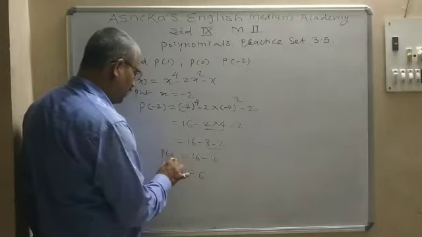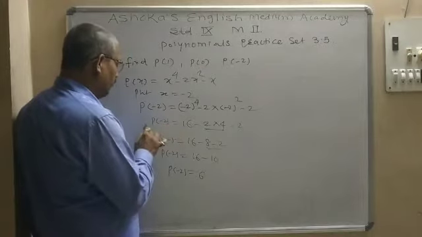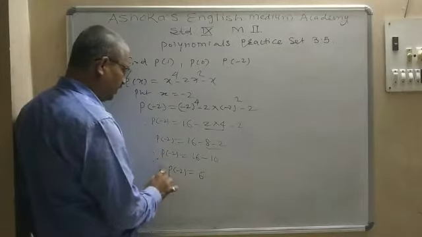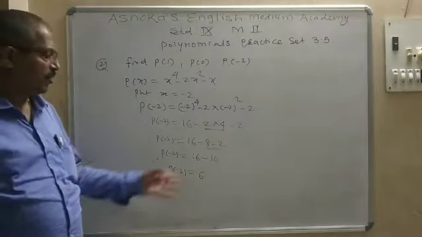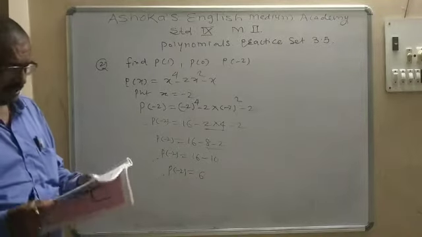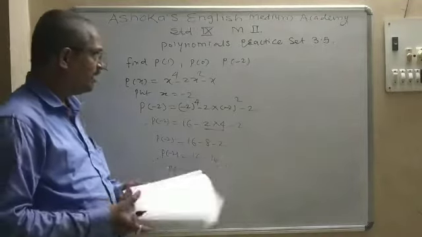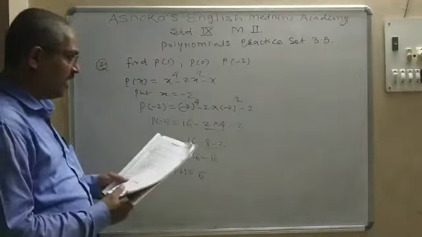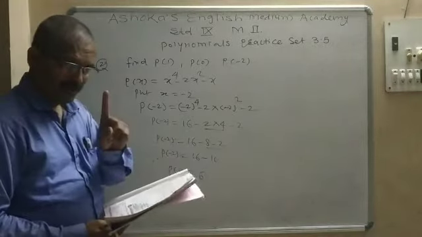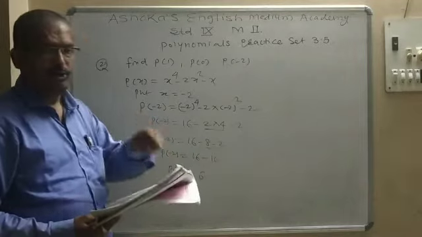Therefore, when minus 2 is taken in the place of x, the value of the given polynomial becomes 6. Now question number 3. For each of the following polynomials, actually, the value of p(1) should be used for questions 1, 2, 3.